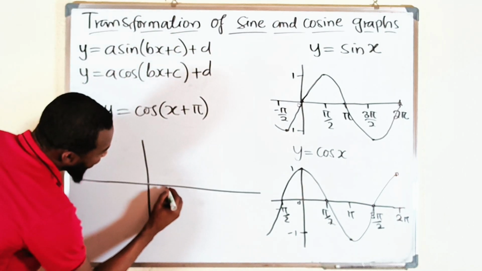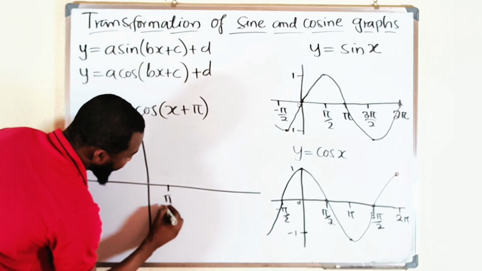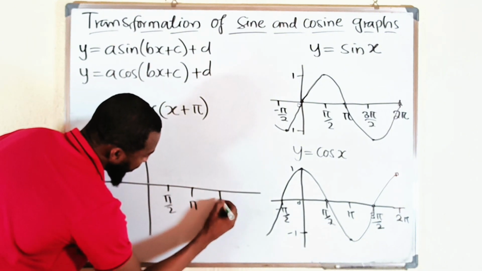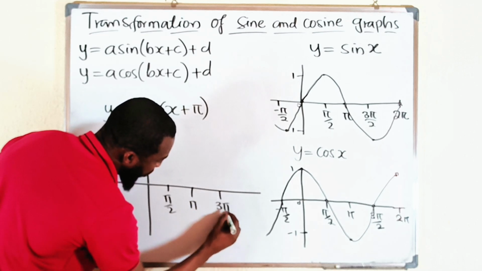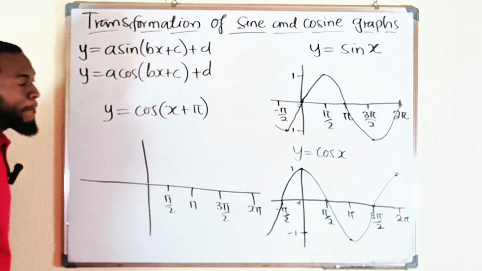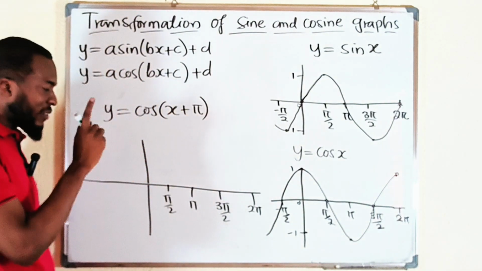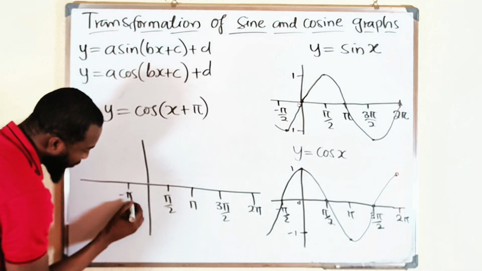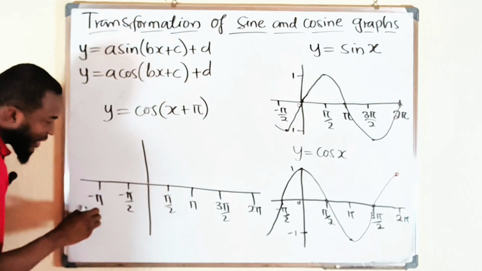We have pi over 2, we have pi here, we have 3 pi over 2, we have 2 pi. This is the normal period, right? But this graph is going to be shifted to the left pi units. So we have negative pi over 2, negative pi. So it is going to be shifted here.